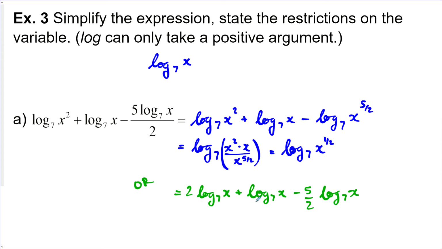And log base 7 of x is common, so we can actually just factor it out and add up the coefficients, or subtract them. So 2 plus 1 minus 5 over 2, and these are all log base 7 of x's. And when you add 2 plus 1 minus 2.5, you get 1/2.